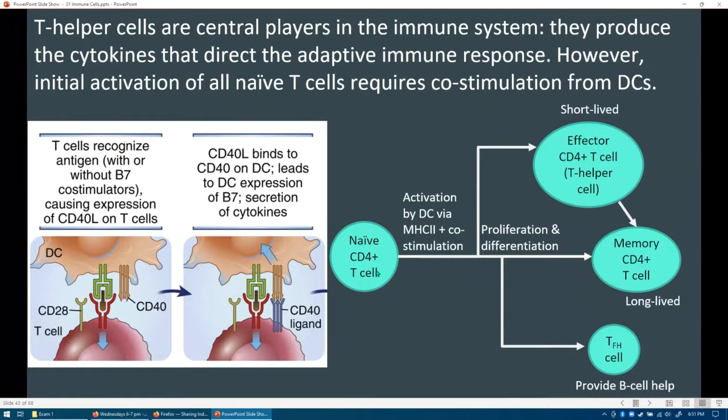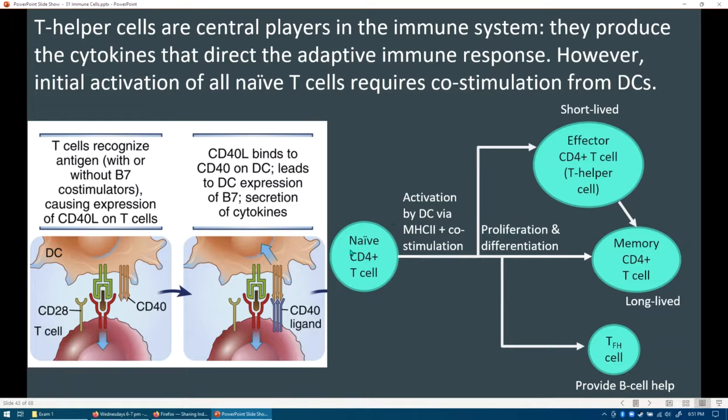The naive CD4 positive T cell hangs out in the lymph nodes, and a dendritic cell is drained from an infected tissue into the lymph node, carrying antigens on its surface, carrying MHC2 plus peptides on its surface. So the dendritic cell presents those peptides in the context of MHC2 and delivers a co-stimulatory signal to the naive CD4 positive T cell.